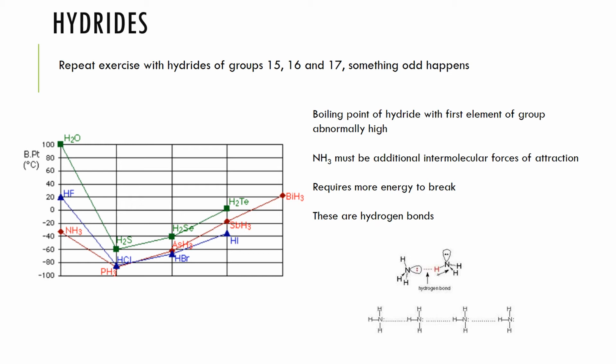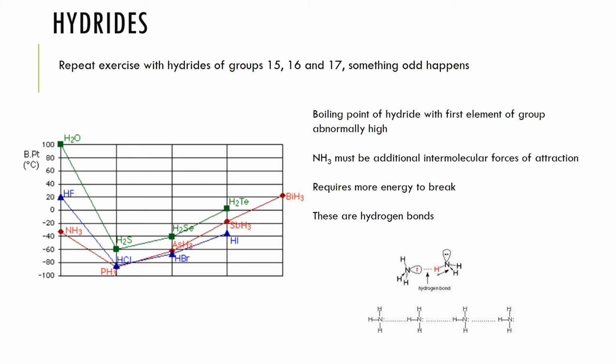So there must be something else going on, and we'll focus on ammonia, or NH3, because we're talking about group 15. We know that there must be additional intermolecular forces of attraction. It can't just be these van der Waals forces. And the result is hydrogen bonding, and you know all about the hydrogen bonding in polar molecules like water.